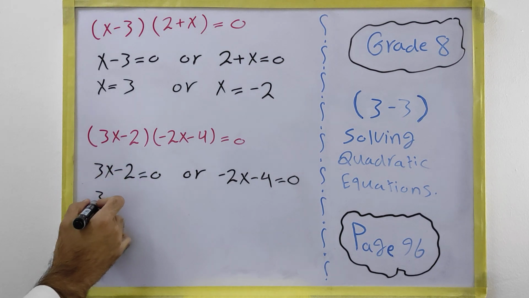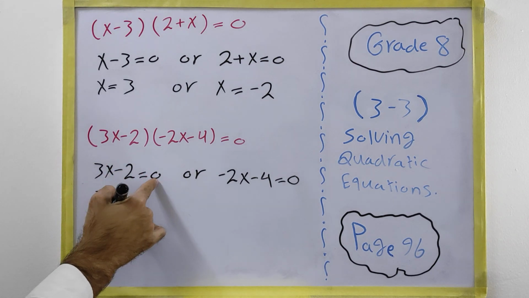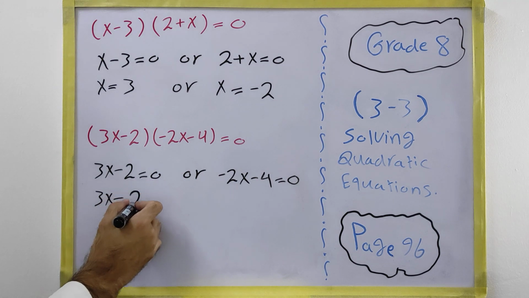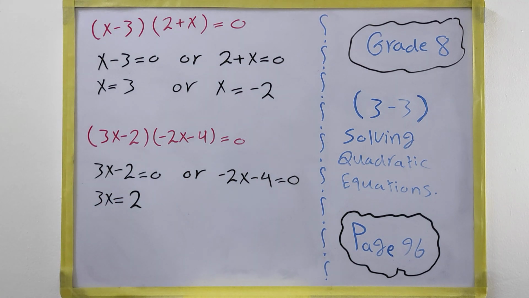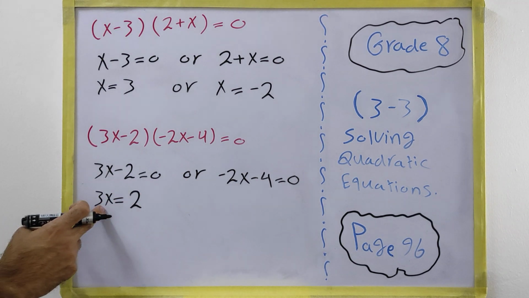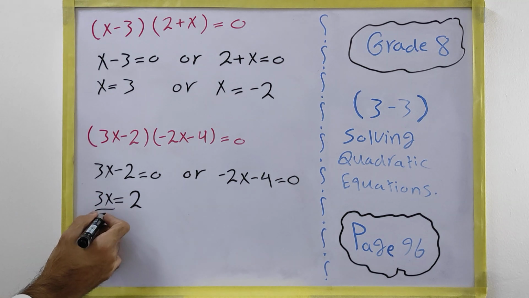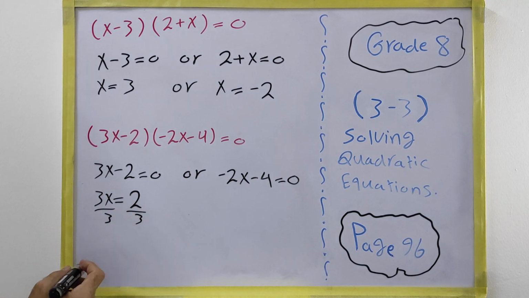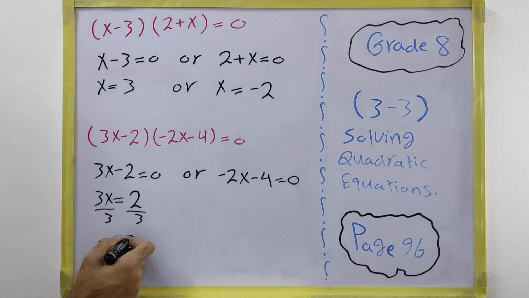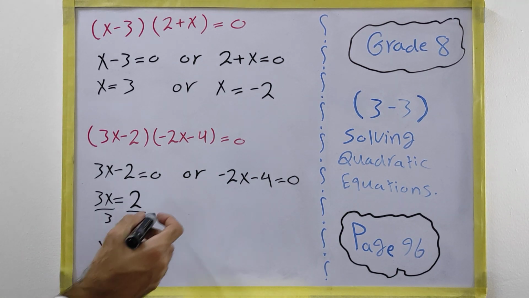Negative 2 to the other side, 3x equals 0 plus 2, positive 2. Because we have 3x, we divide by 3. X equals 2 over 3. We cannot simplify more. That's it.